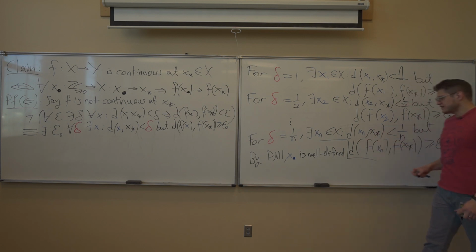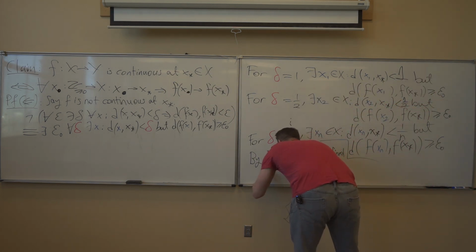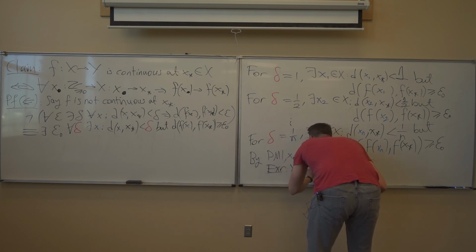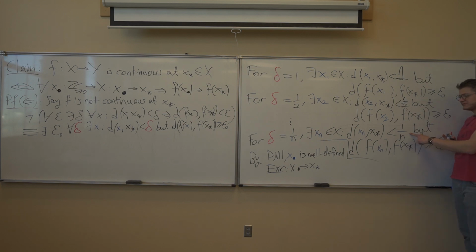Maybe I should leave it to you as an exercise that x bullet here, the way I constructed it, converges to x star. Okay. Because I have this bound. The nth term is at most 1/n away from the target. I constructed my sequence so that this happens, of course.